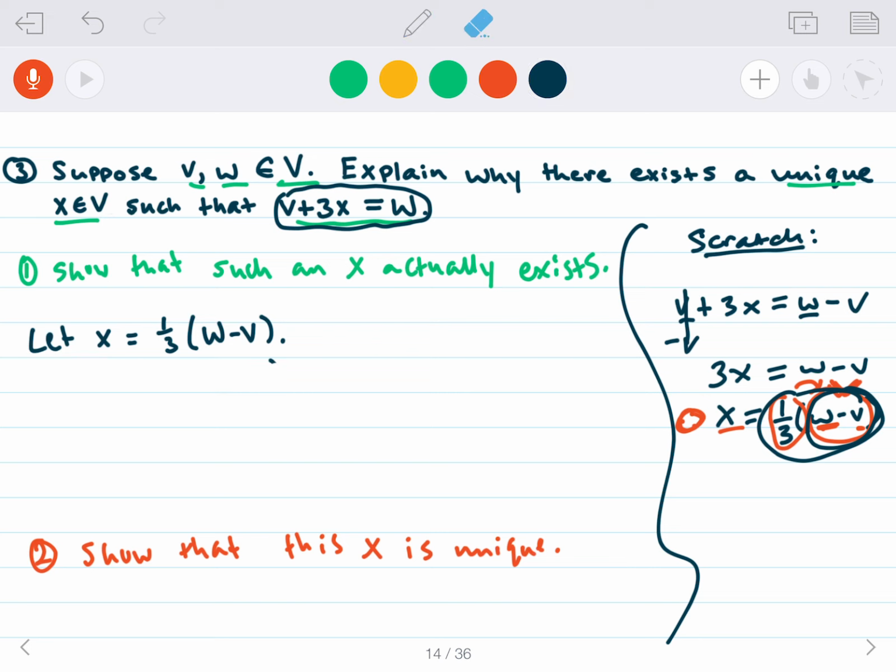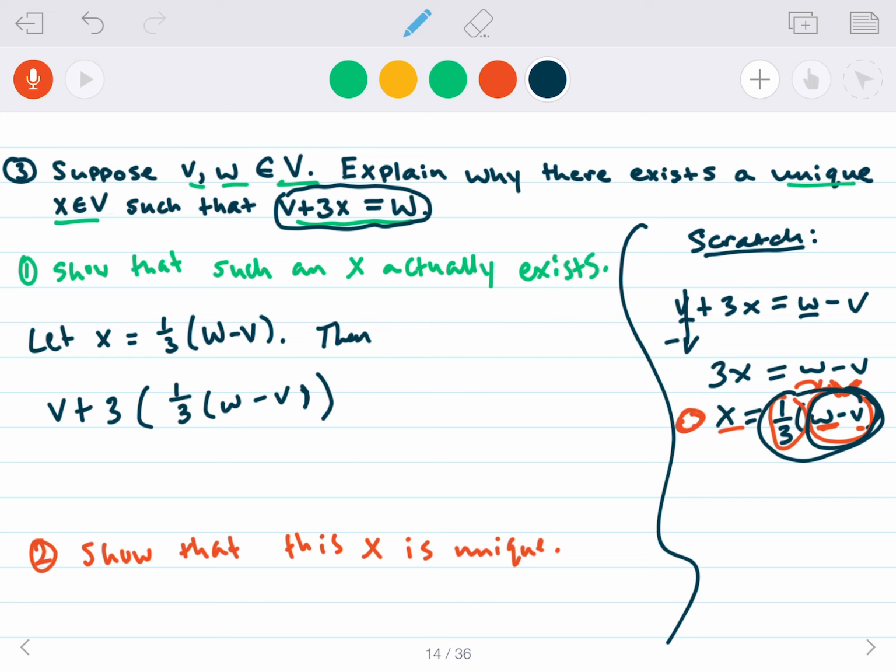So if x is going to be equal to this, then, and we know this is true because of our scratch work off to the side, we have V plus 3 times x, so that's 1/3 times W minus V. If we simplify this, again, distributive properties work. We're working with stuff in the vector space.